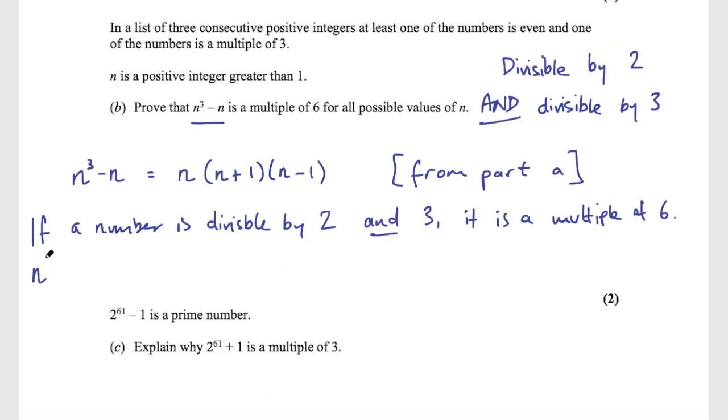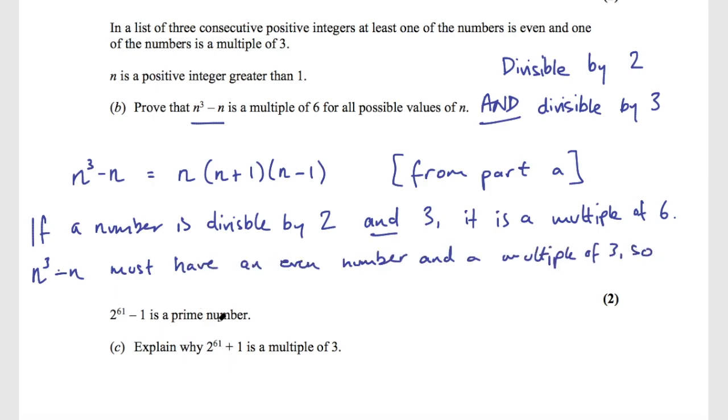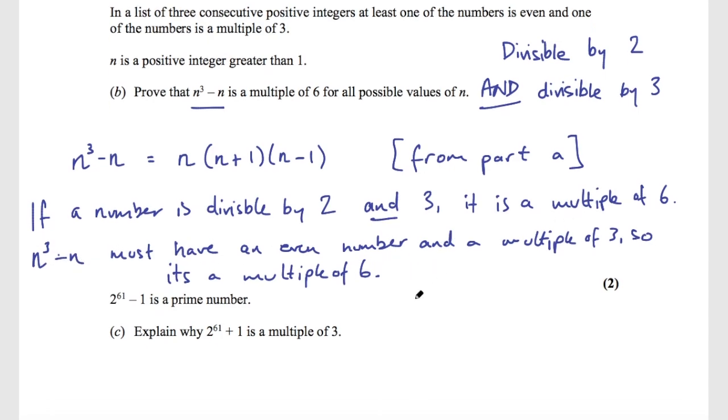So n cubed minus n must have an even number and a multiple of 3, so it is a multiple of 6 as well.